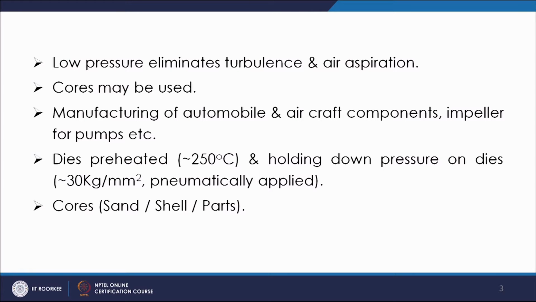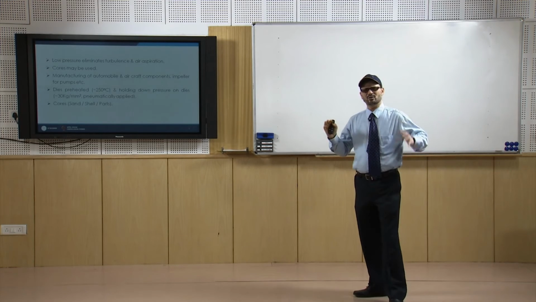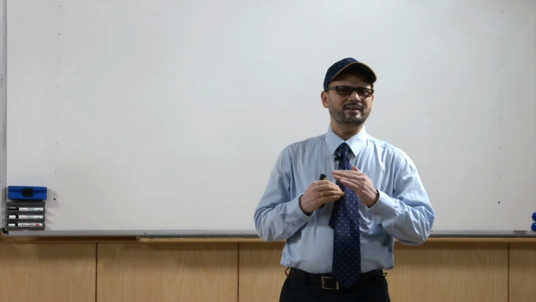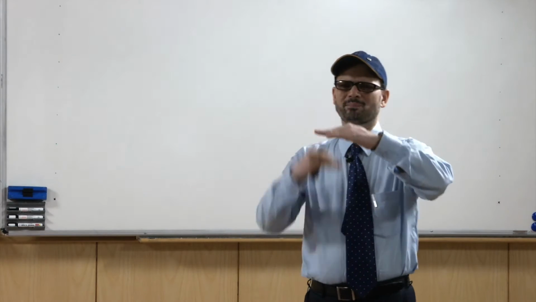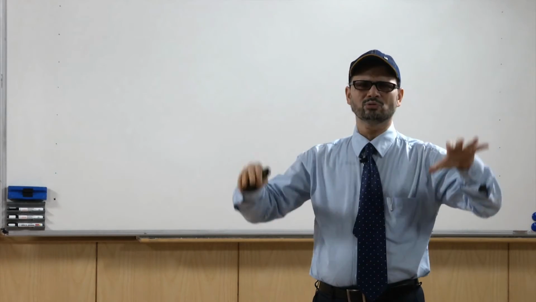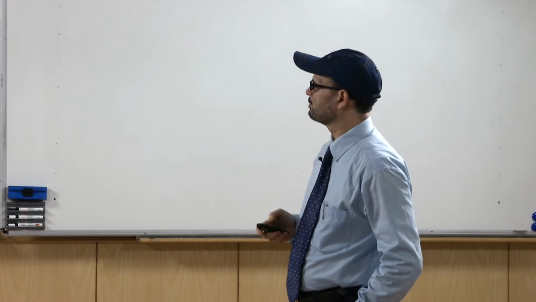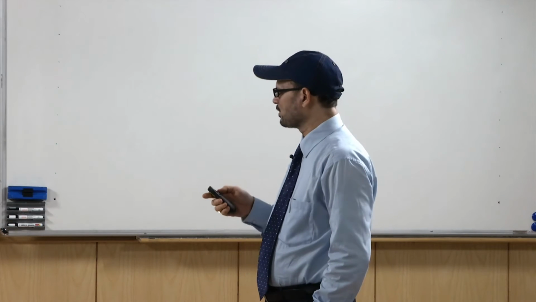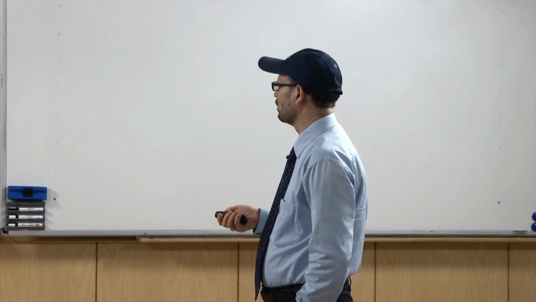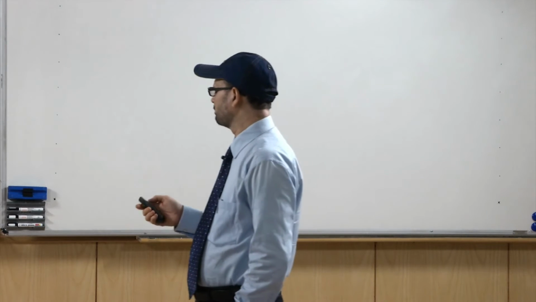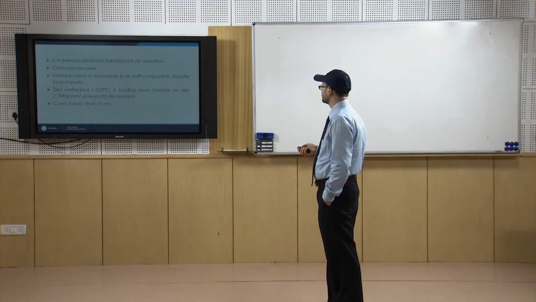That is generally applied pneumatically, because until the metal solidifies you have to hold it, as you are pressing from the bottom. So, you have to clamp from the top. The cores can be of sand, shell mold, or plaster of Paris.